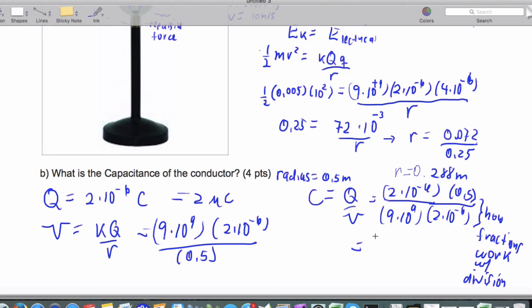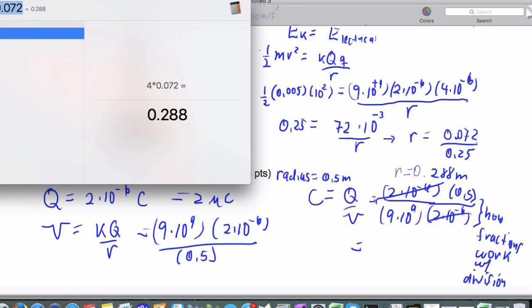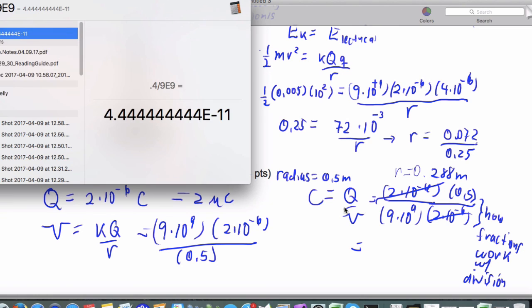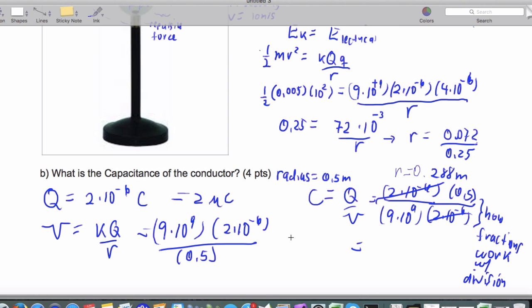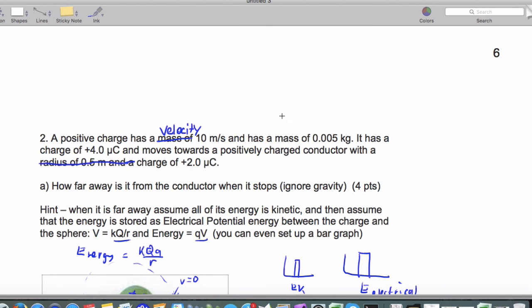Now these cancel, and I'm going to get 0.5 divided by 9 times 10 to the 9th. And that gives me 4.44 times 10 to the negative 11th farads. That may not be a bad number. All right, so that is the capacitance of the conductor, problem number 2.